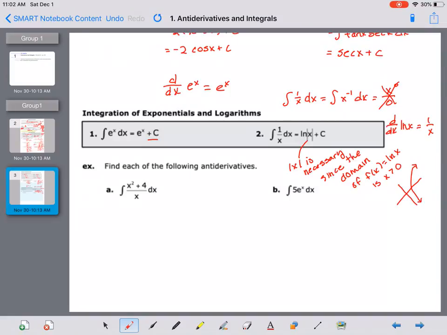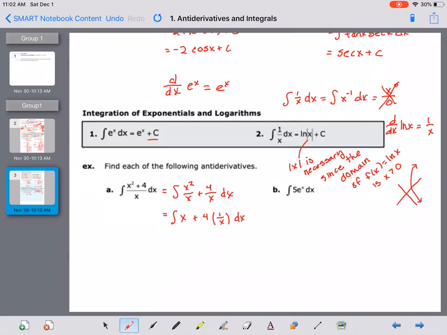So if we think about this one, again, one of the things that I'm going to do right off the bat is separate. I'm going to simplify. So I get x just here, x squared over x gives us x, and then plus, we can think of this as 4 times 1 over x dx.